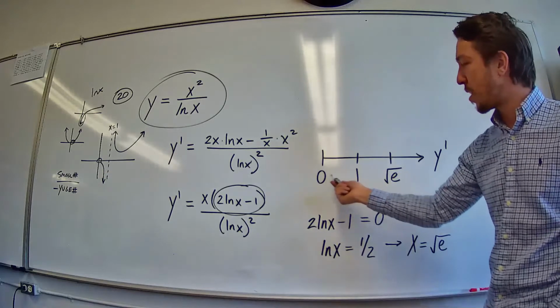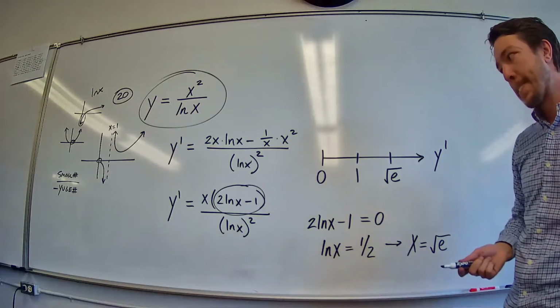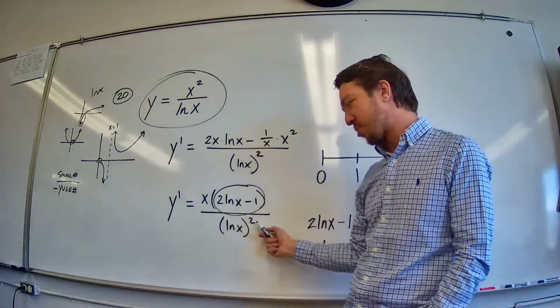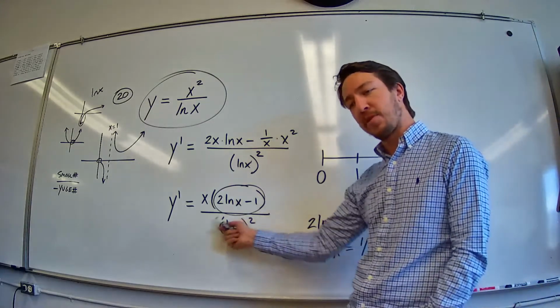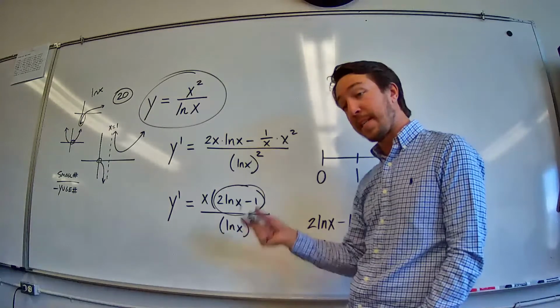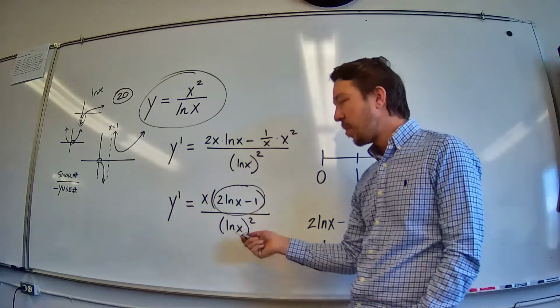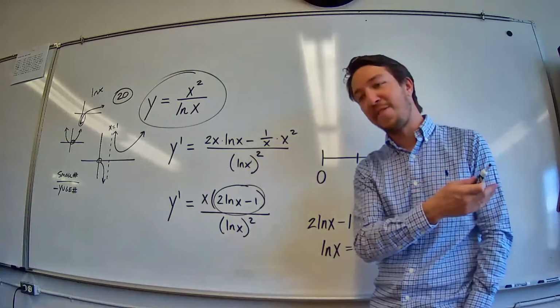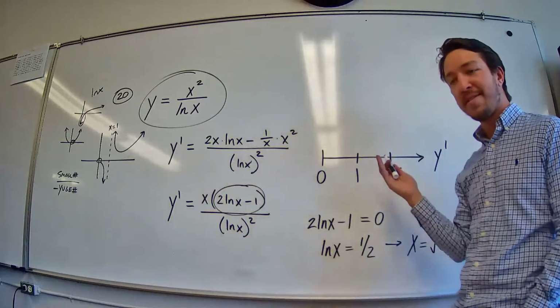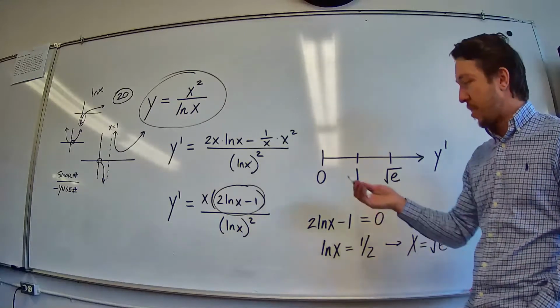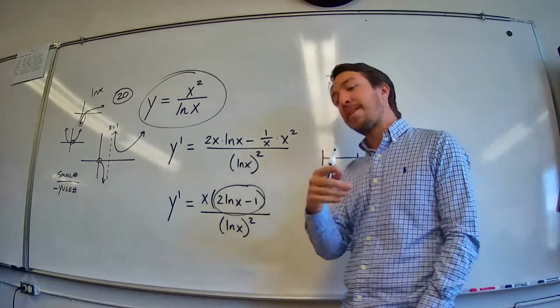So if x was between 0 and 1, this is where it's a little tricky, but the bottom luckily is squared, so I can kind of ignore it. The bottom is positive for all x values in the domain. Just that there's a certain number in the domain, 1, that makes it undefined.